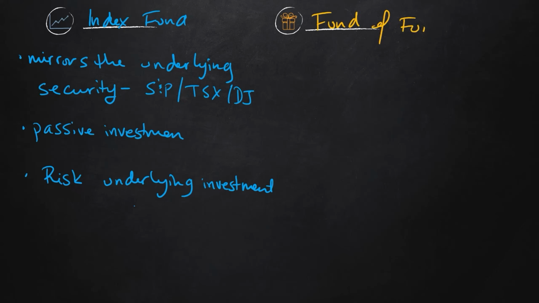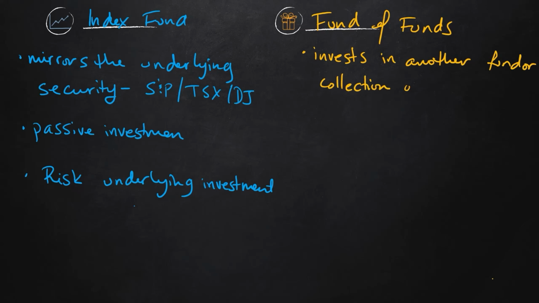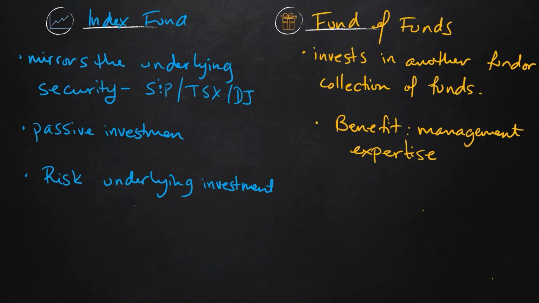The fund of funds, which is actually becoming more and more popular today, is the fund that invests in other funds or a collection of funds. And the huge benefit that investors are getting is that they get the management expertise of the other funds that are being held. They invest in several funds, which are collected into this one fund, and they're benefiting from all of these great managers who are individually managing these other funds.